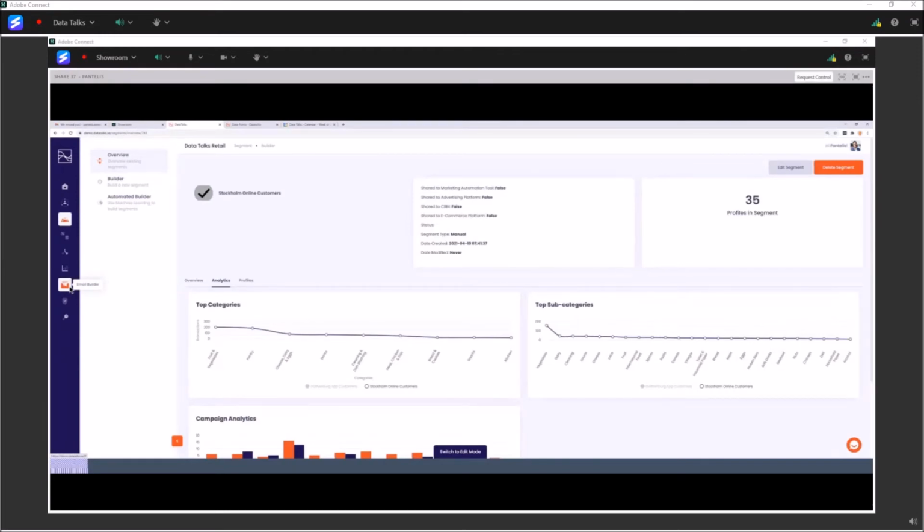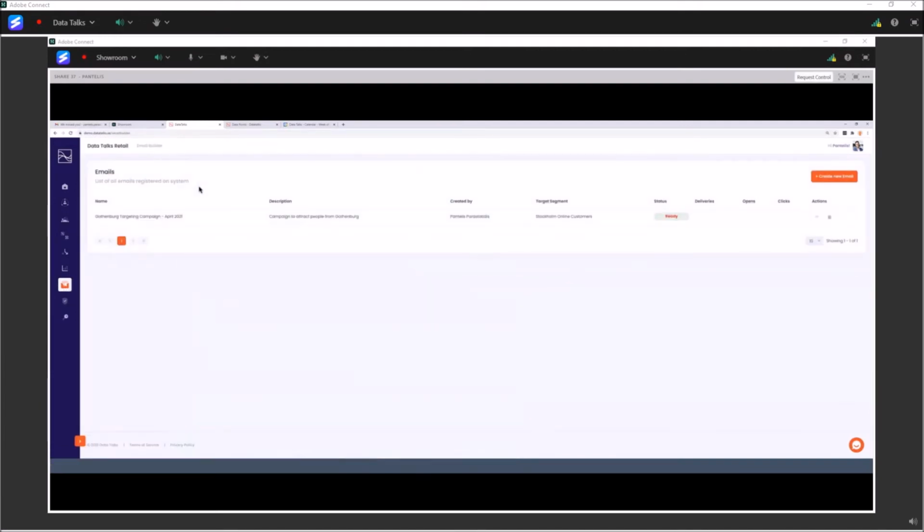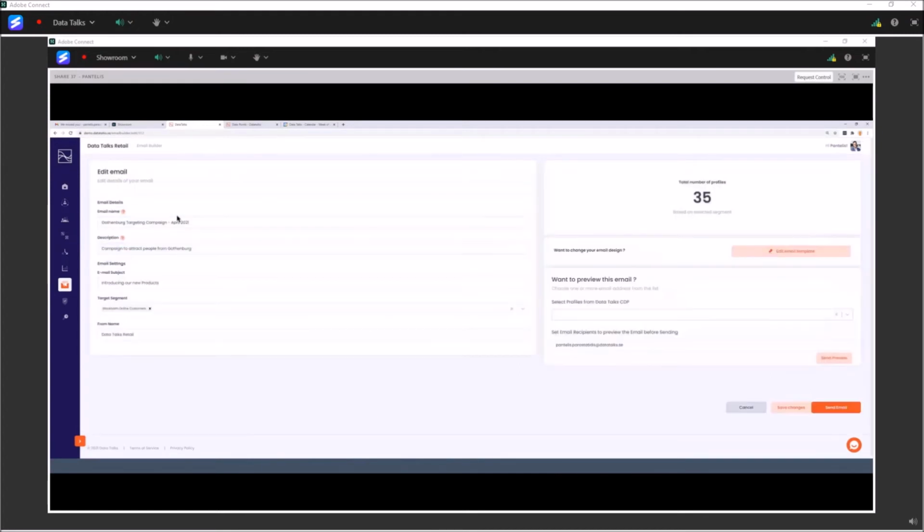Now we have created the segments. We know who the people are that we want to target, and now we can target them by using the Datatox CDP. So we can create email send-outs. Let's say that we would like to create a campaign to target the Gothenburg people in April 2021, and here we want to pick the segments.